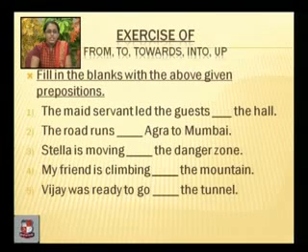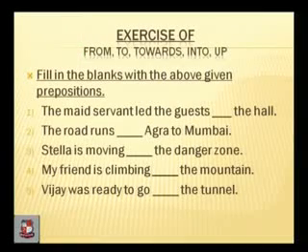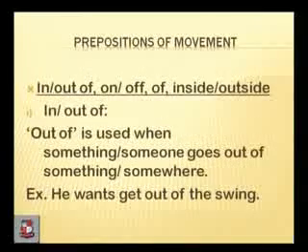My friend is climbing up the mountain, that means the mountain is something steep and he is climbing up there. Vijay was ready to go into the tunnel. The tunnel is something quite deep and he is ready to go into the tunnel.